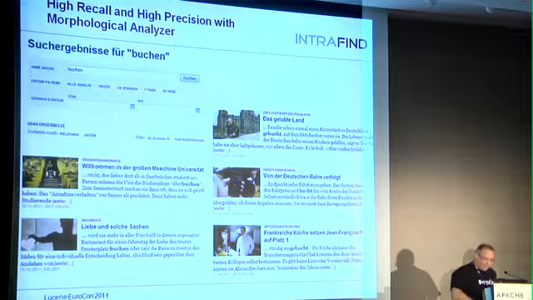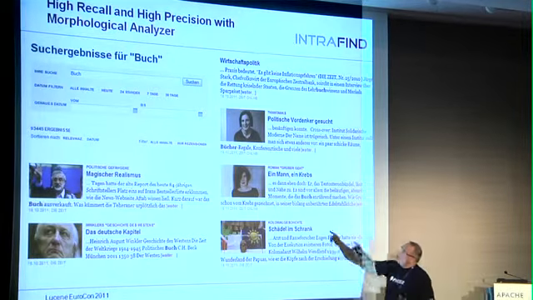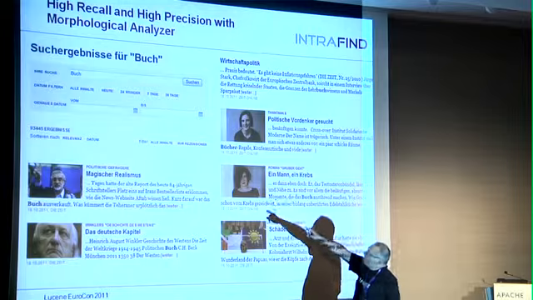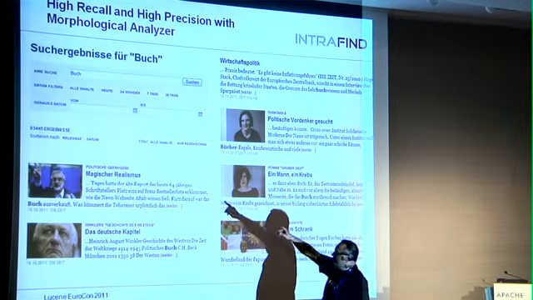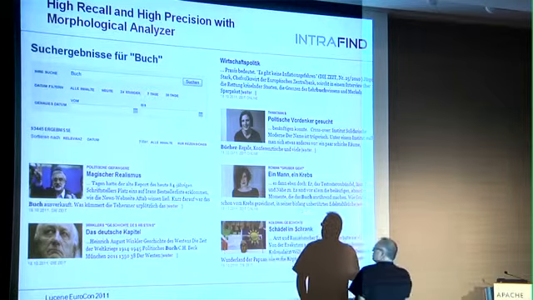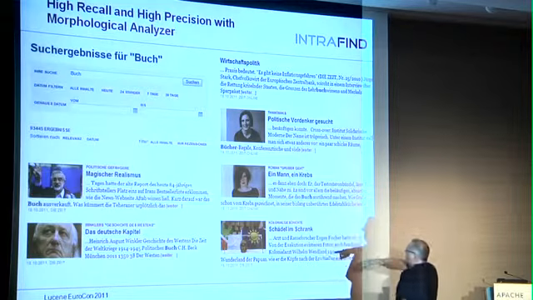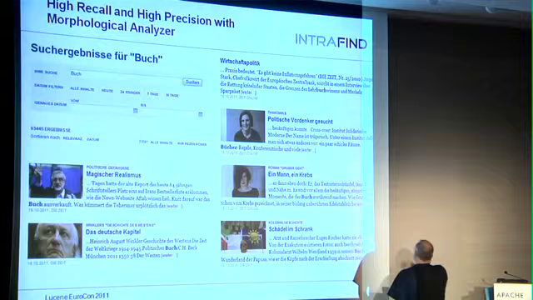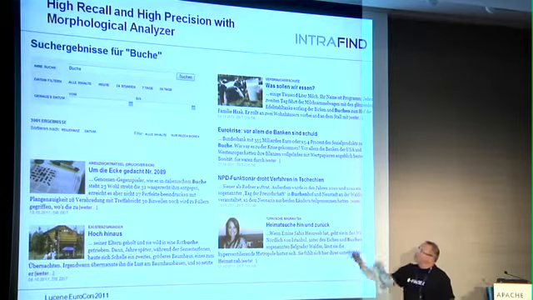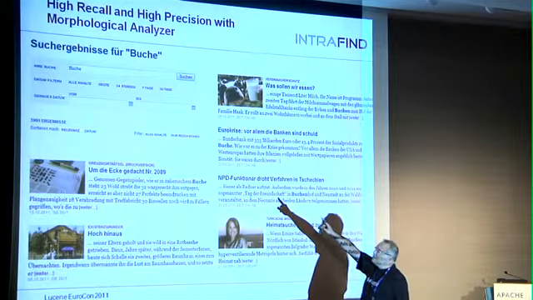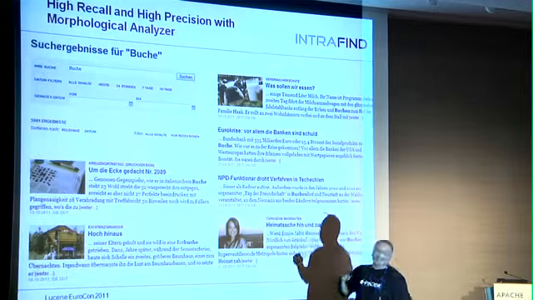If you look for a very similar word, like Buch, which means book, we have 93,000 hits, a completely different result list. You can see some of those examples here. And a third, very similar looking word, Buche, is a special kind of tree. You have 3,000 examples here.